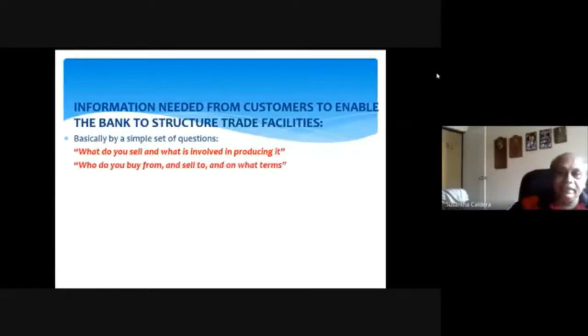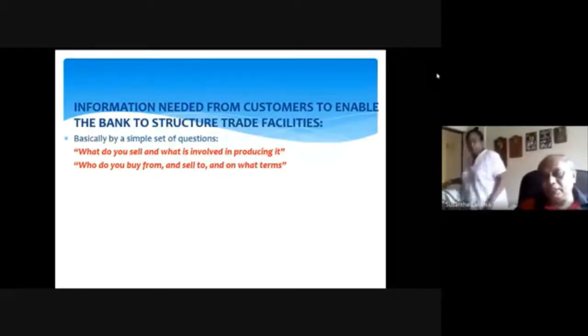Then who do you buy from and sell to, and on what terms? Who do you buy from? From where are you importing the leather? Are you buying from the local market or importing from India? And once you finish the manufacturing, to whom are you selling?